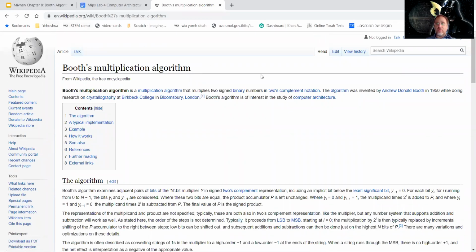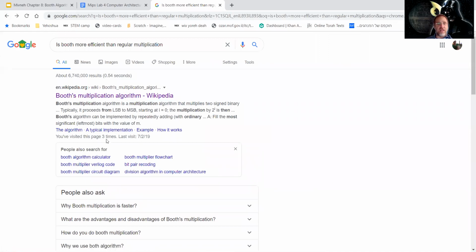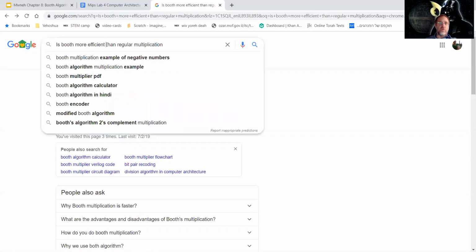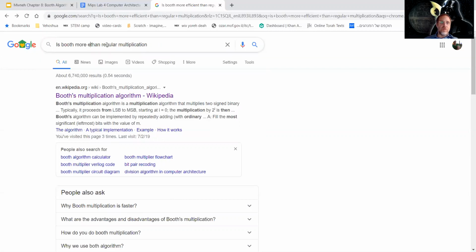To prove that it's faster is a good question. Let's try a different search. Is Booth faster?